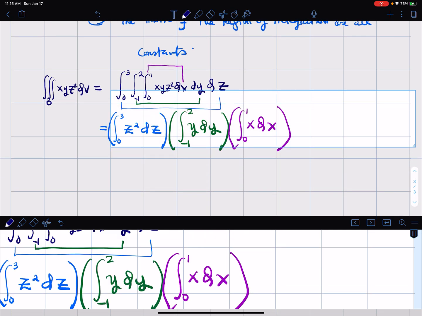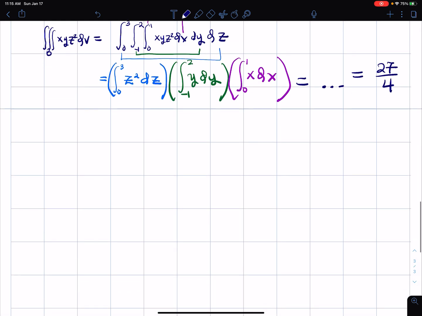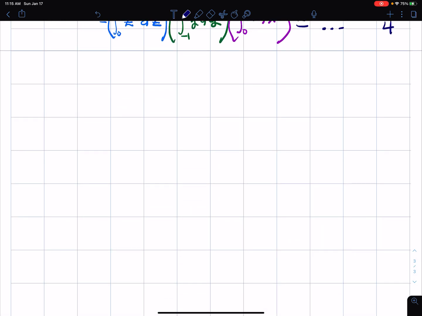So I want you to do this problem. You can do it either way, the first way or this way. 27/4. Okay. So let's try another problem. Let us try another problem.